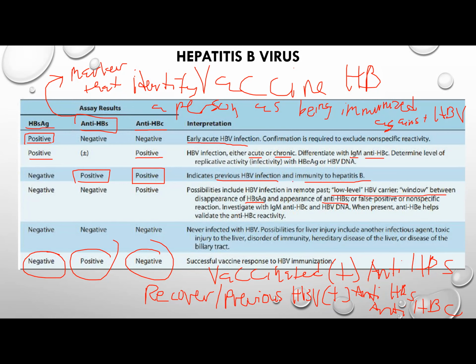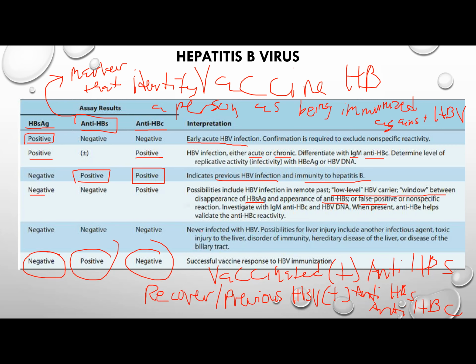So if you are a carrier or in the window phase, class, this will be your result: negative for HBsAg, negative for anti-HBs, but positive for anti-HBC. This would occur if you are a low level carrier or in the window phase. This would also occur if you have a false positive or non-specific reaction.